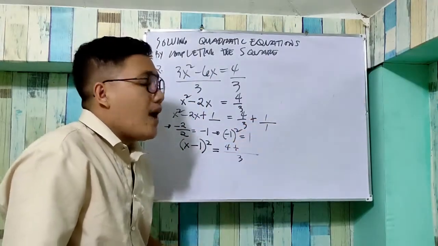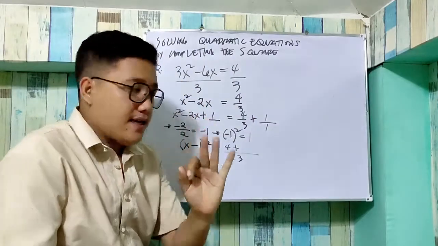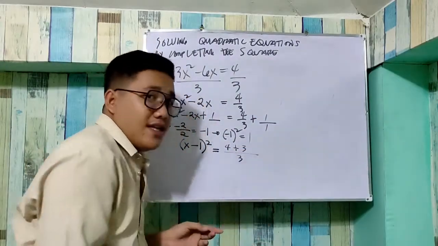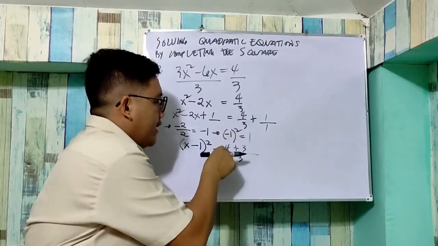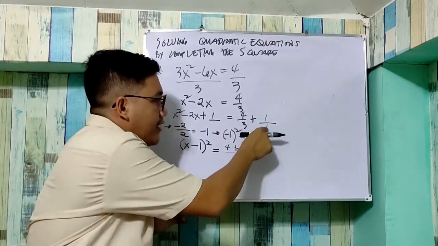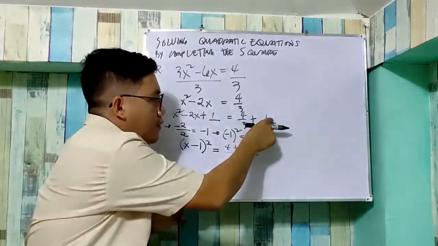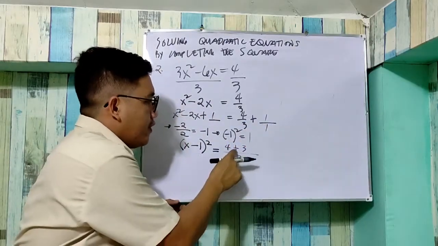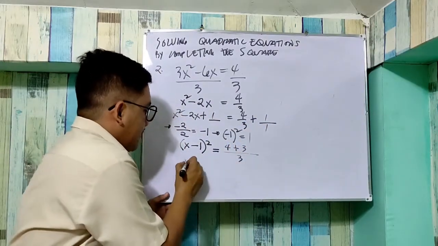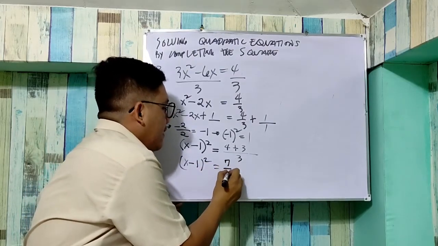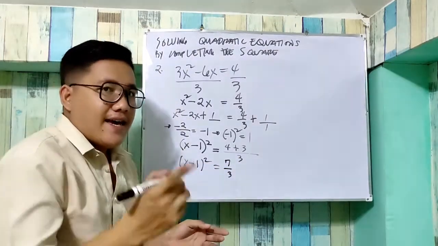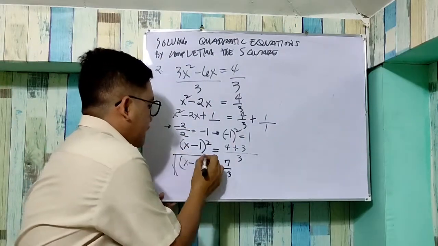Times the numerator 1, that is 3. Let me repeat. 3 divided by 3, that is 1. Times 4, that is 4. 3 divided by 1, that is 3. Times 1, that is 3. So, 4 plus 3, that is 7 over 3.